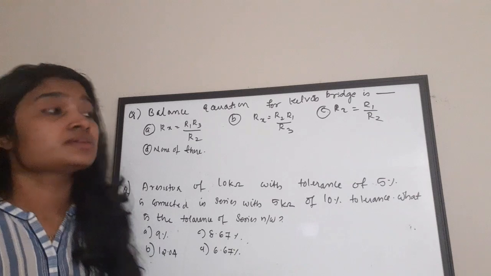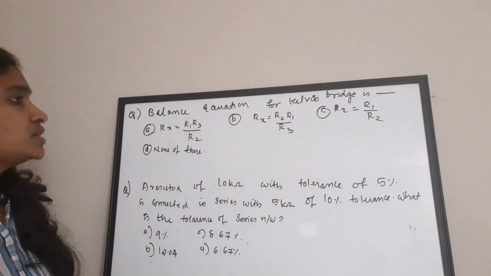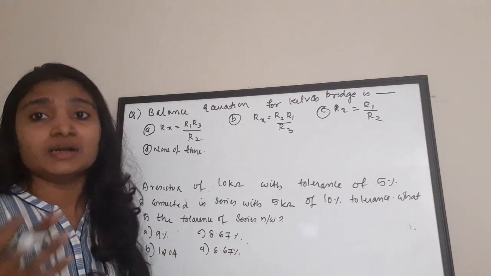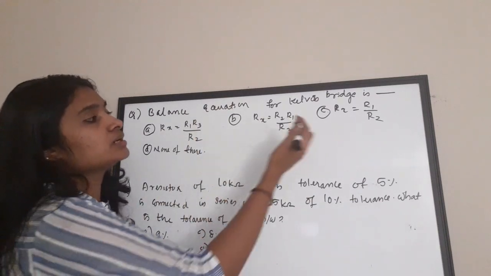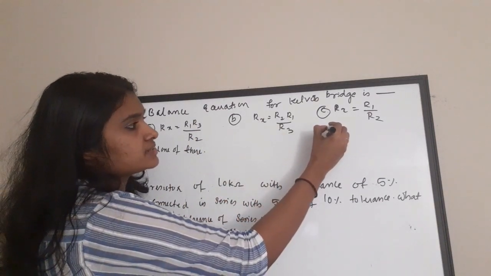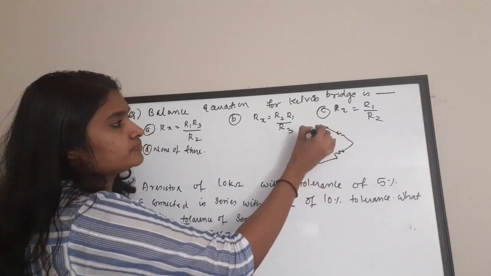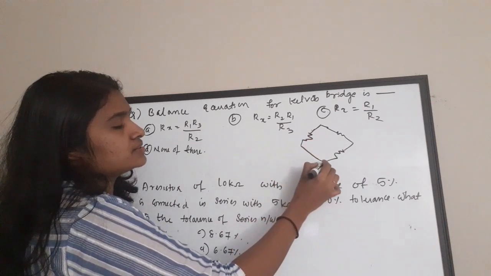The next question is, balance equation of a Kelvin bridge is dash. Kelvin bridge is another type of bridge which is used for finding the unknown value of resistance. Its diagram is slightly changed from the Wheatstone bridge. It is like this. There are again 4 resistor arms like this.